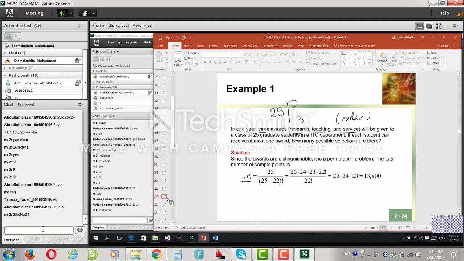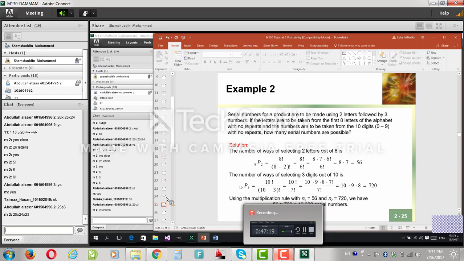Again, you can find this permutation in your calculator, students. 25P3 is equal to 13,800.